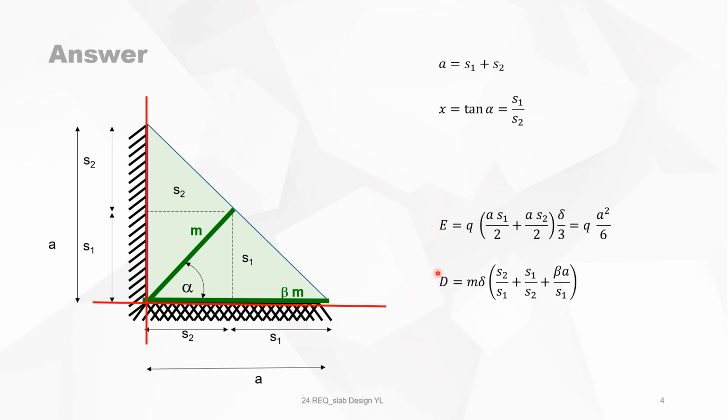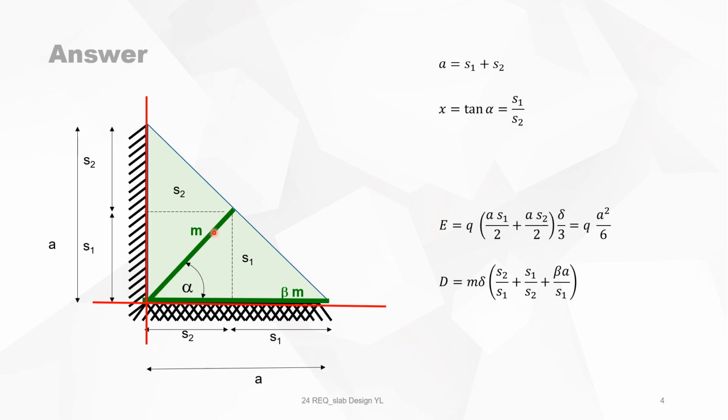The work done by the internal forces or internal bending moments is then m for this line projected to this axis of rotation, so it's m times S2, and the angle of rotation is of course delta divided by S1.